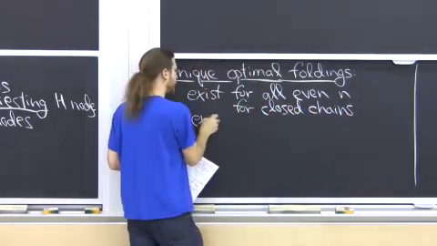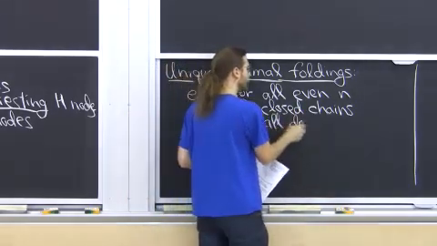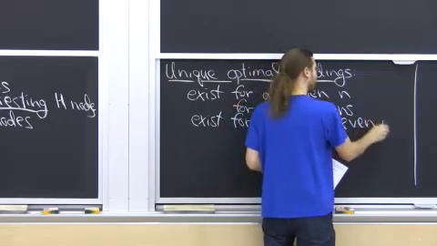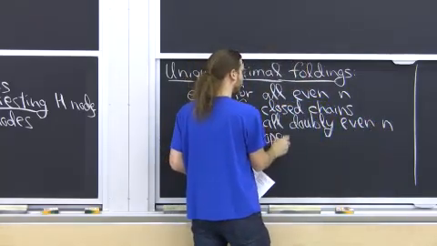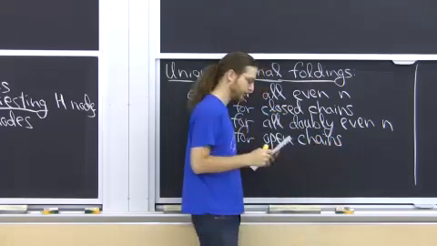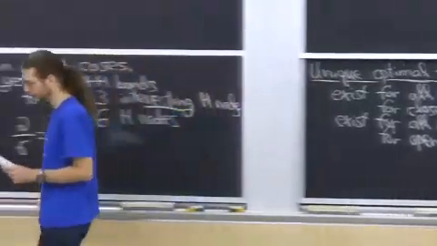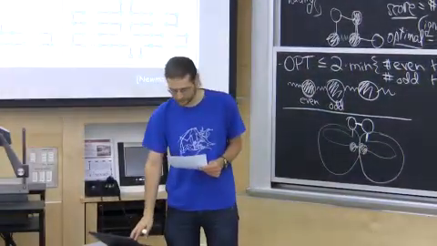And for open chains, they exist for all doubly even n. This is a theorem by a bunch of people: Oswin Eichholzer, David Bremner, me, Henk Meyer, Verisek Kristan, and Mike Sauce, who we talked about last time.